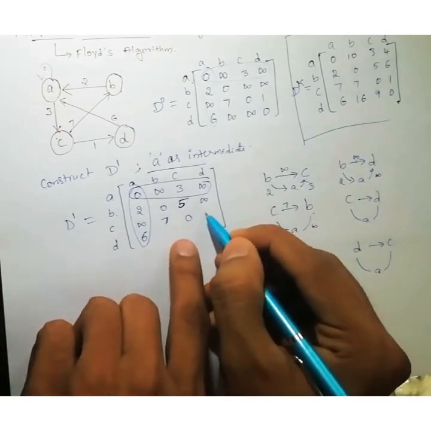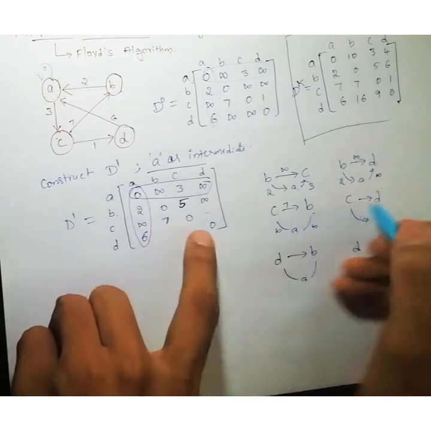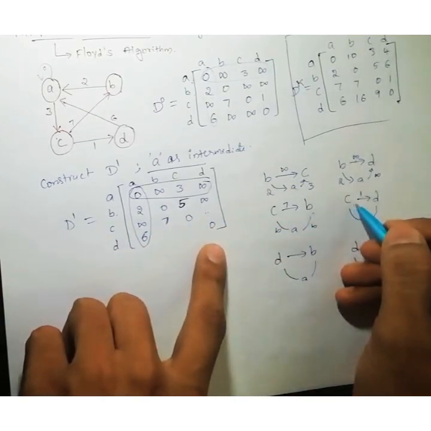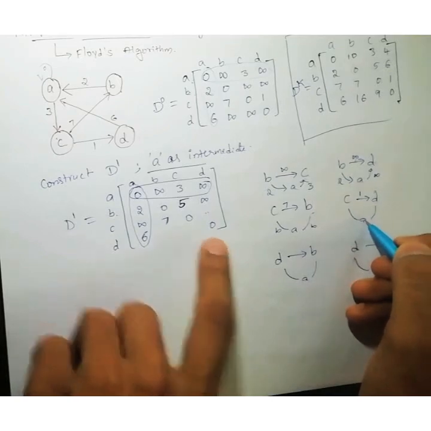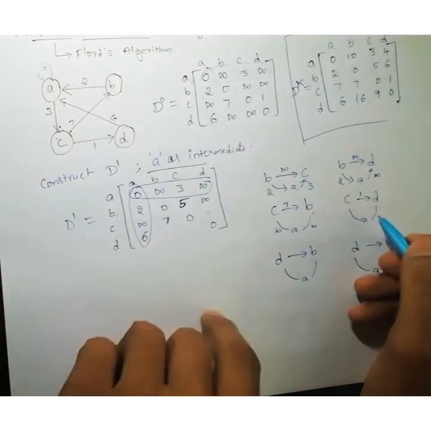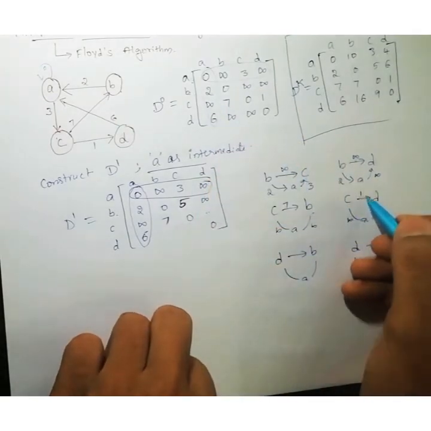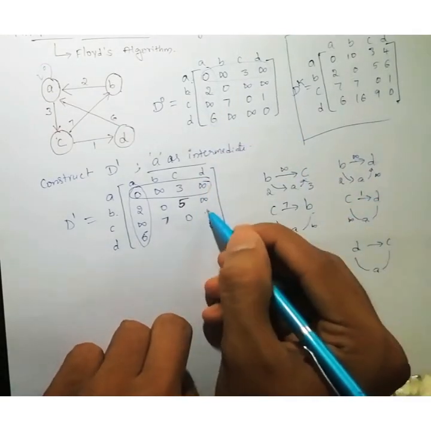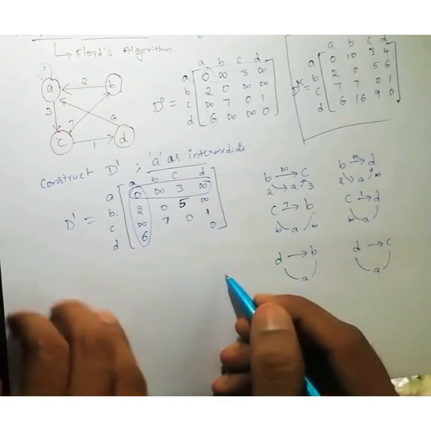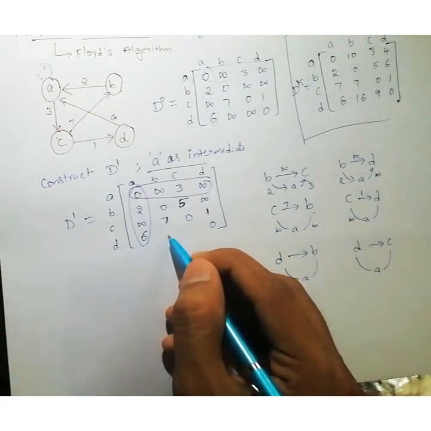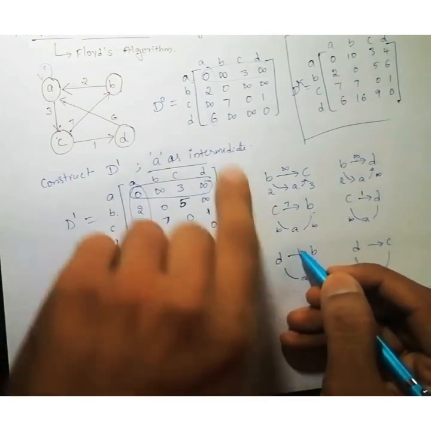Again check this cell, that is C to D. So C to D, initially it is 1. By using A, are we getting a better path or not, we are checking. So C to A infinity, no. So is infinity less than 1? No. So just don't update, 1 as it is. Again check next cell, that is D to B. What is the value of D to B?